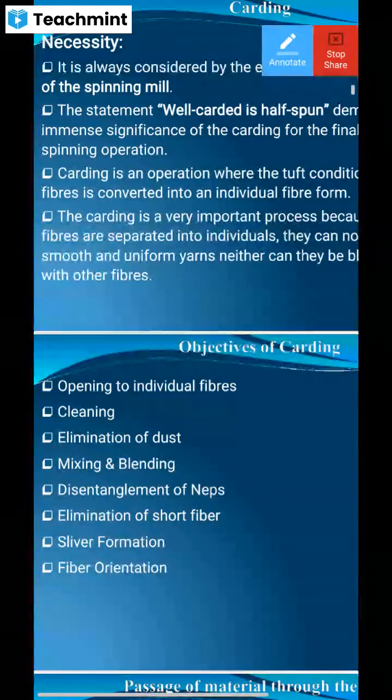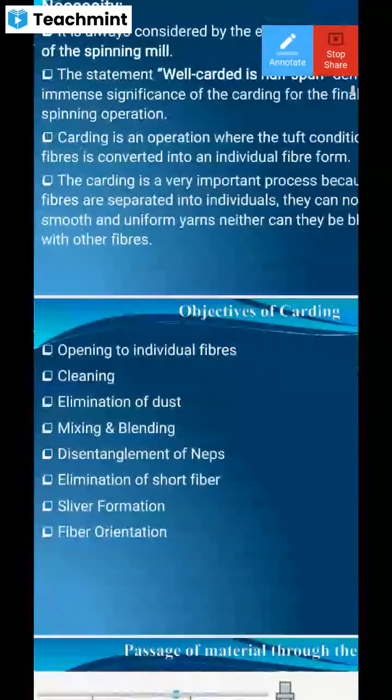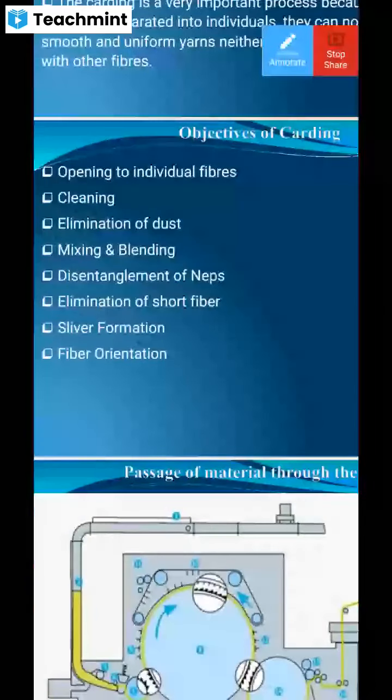Fiber orientation means individual fibers are arranged in a closely compact structure. So that term is called fiber orientation. The sliver formation means lap form is converted to sliver form, with elimination of short fiber by means of individualization of the fiber between the cylinder zone and the flat zone.